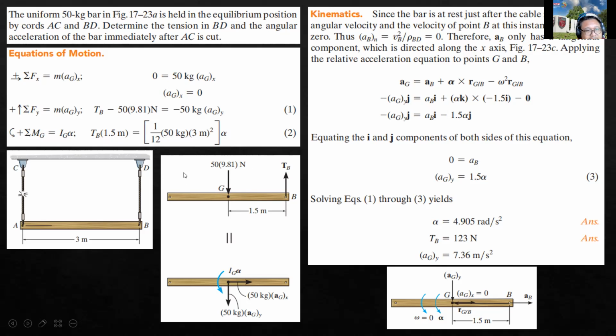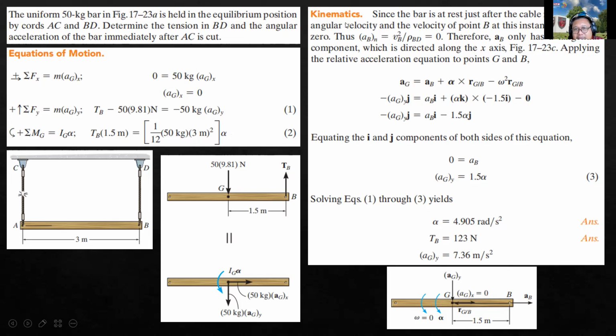So I, again, is 1/12 times the mass times R squared. R squared in this case is 3 meters from A to B, multiplied by alpha. So now you have two equations and 3 unknowns, which are AG in the y direction, TB, as well as alpha.